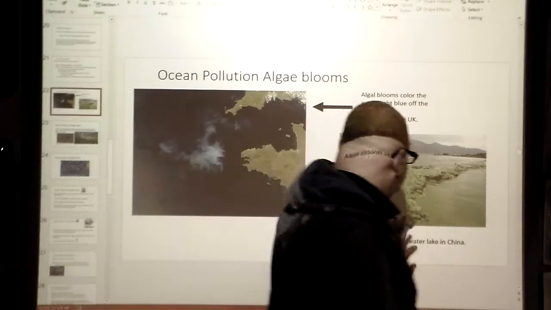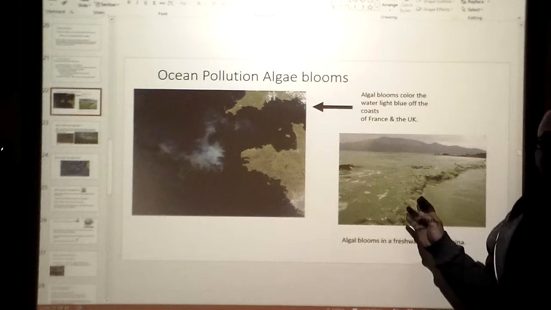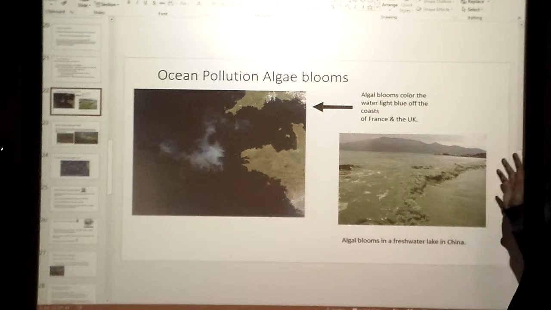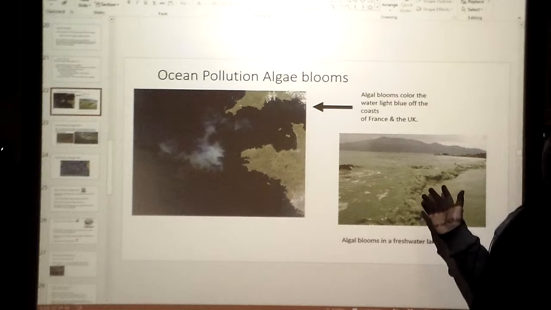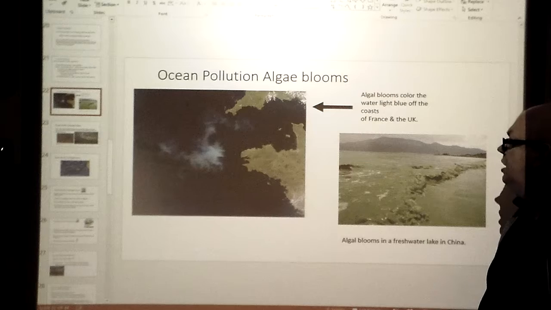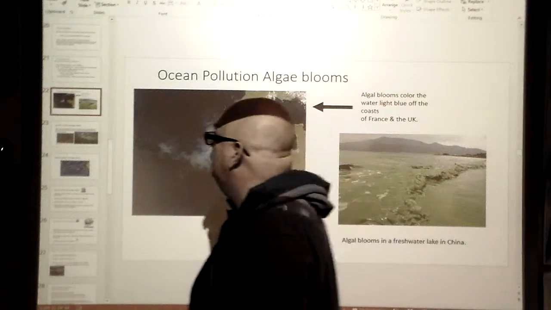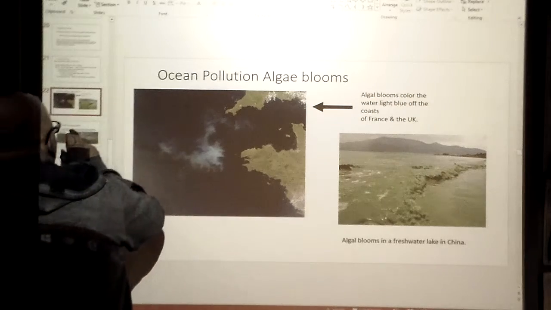Now here, this is an algal bloom in a freshwater lake in China. This actually looks more like a green machine smoothie than an algae bloom in a freshwater lake in China. But that does happen. You get the right combination of materials and there you go.